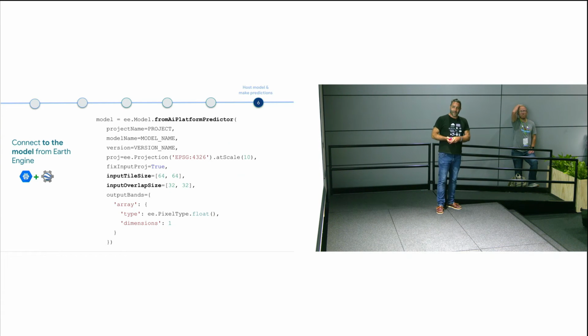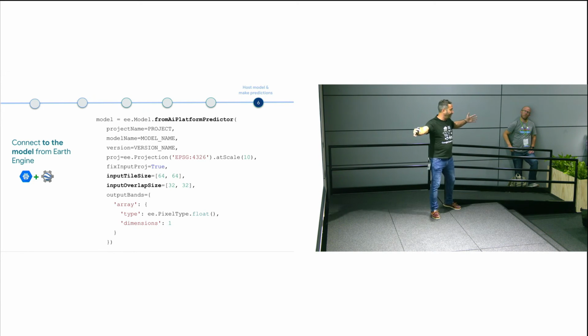The other thing is you set the input tile size, and recall that I mentioned previously these models are invariant to input size within some constraints, but this is basically half the input size. But then I'm doing this other trick, which is specifying the overlap size.